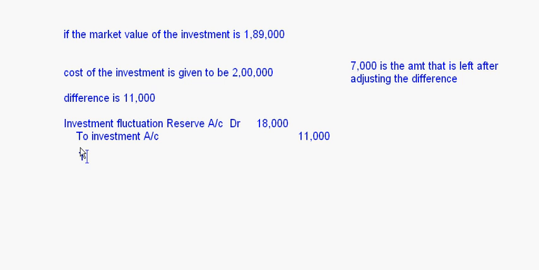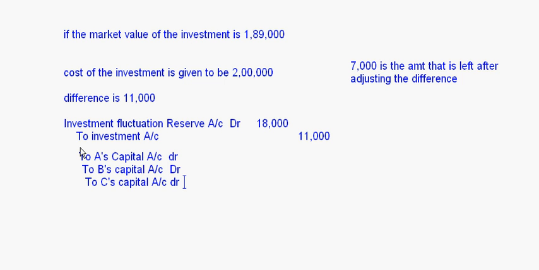You will write to A's capital account, 7,000 will be transferred, distributed to A's capital account debit, to B's capital account debit, to C's capital account debit. So this 7,000 will be put in the ratio of 5:3:2.